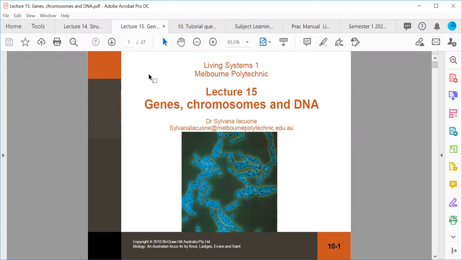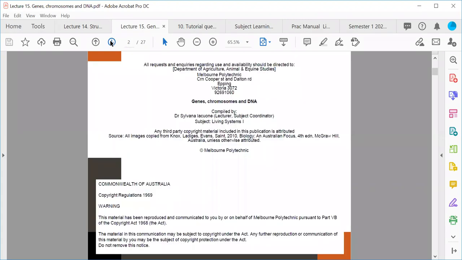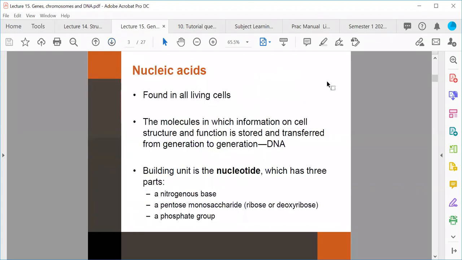But first we need to revise some of those important and often complex concepts that we've already visited in previous lectures. So let's start with some revision. Nucleic acids. You know there's two major types, RNA and DNA, and they are found in all living cells.